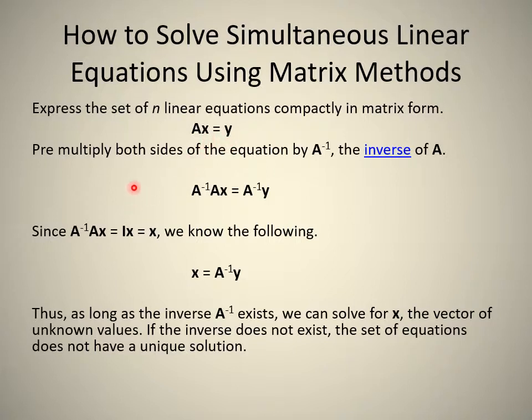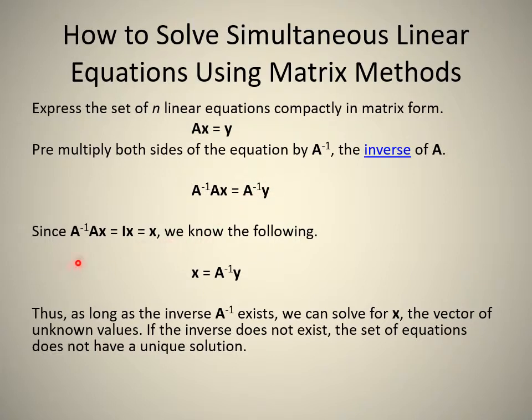So the first step would then be to pre-multiply both sides of the equation with the inverse of A. So obviously we have to first calculate the inverse of A, and then pre-multiply both sides with A minus 1, the inverse of A, and the same on the right-hand side.